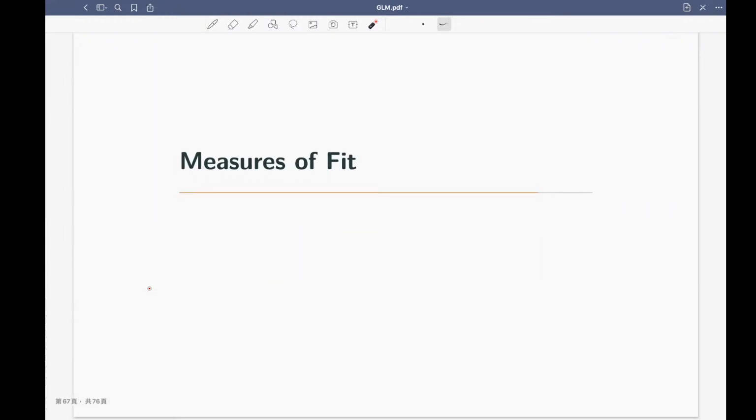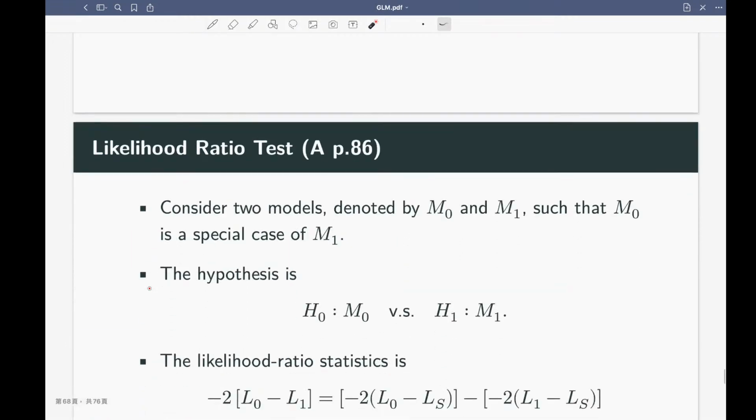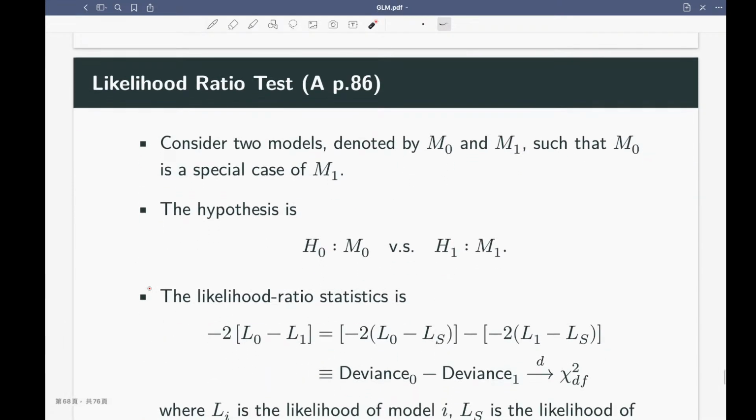And in the end, we want to compare different models. What is our criterion for comparing different models? This topic is about a measure of fit. At first, I introduce the likelihood ratio test.